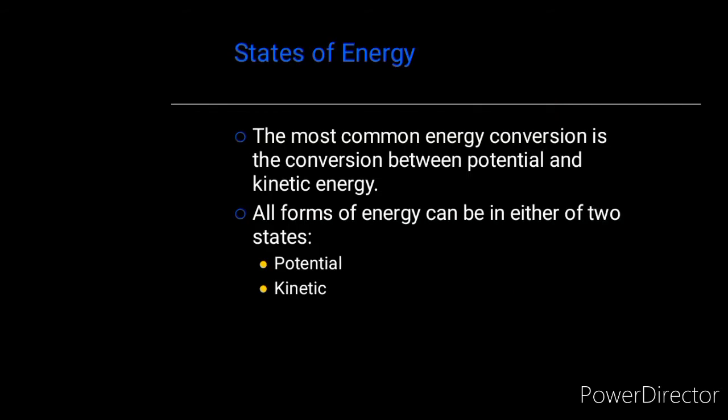Let's look at the main states of energy, or types of what? Energy. The most common energy conversion is the conversion between potential and what? Kinetic energy. All the forms of energy that we've just finished discussing fall into either potential or what? Kinetic.